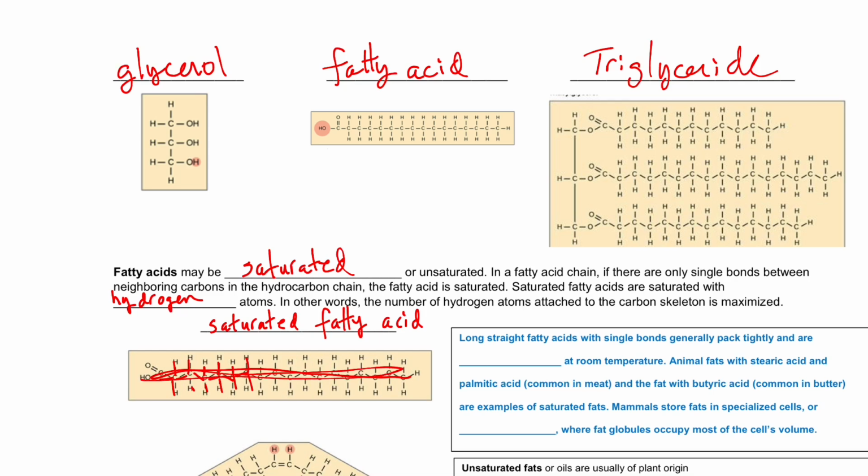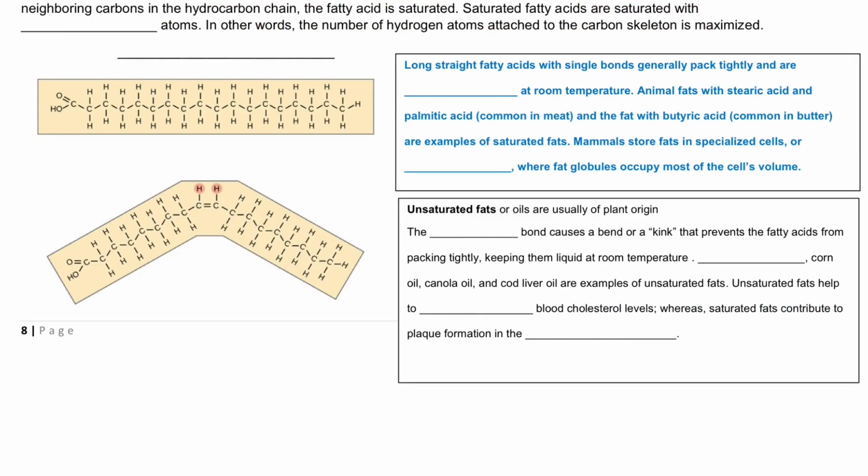We'll talk about that in a second. Long, straight fatty acids with single bonds generally pack together tightly and are solid at room temperature. So these guys are nice and straight, and they will pack together very well at room temperature.